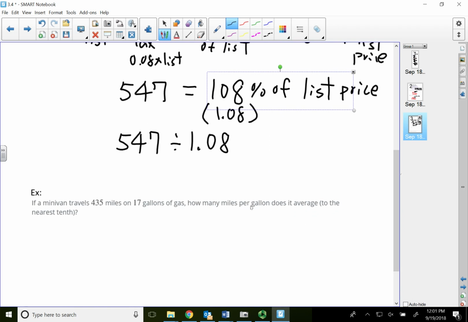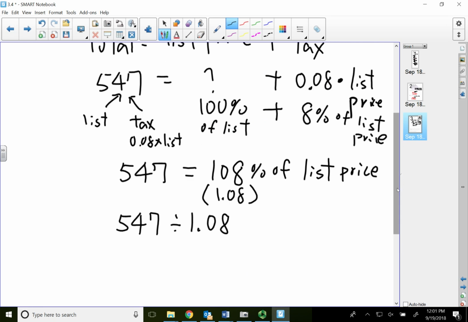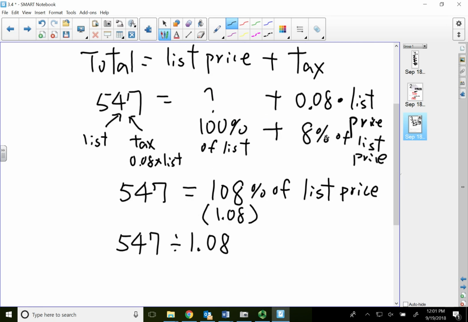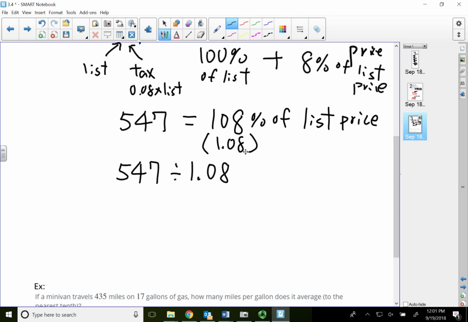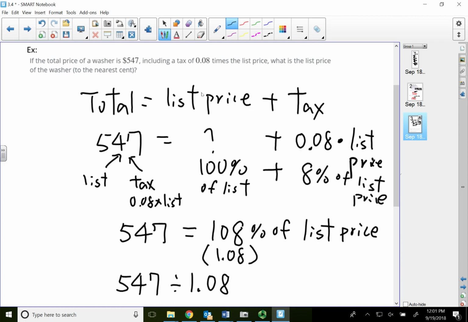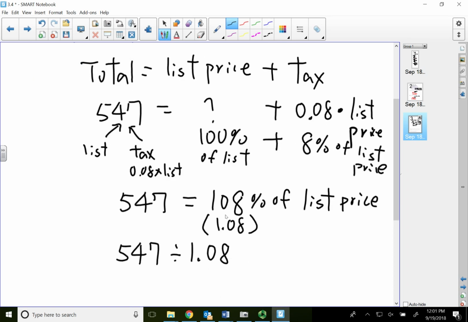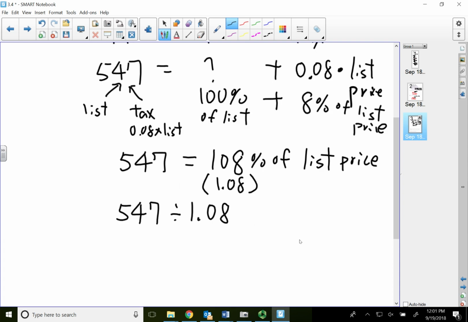It's just that being in module 3, there are percentages we have not done yet, and there is algebra material we have not done yet. So if you can comprehend, you got to pay for the entire 100% of the list price plus another 8% taxes that's based off the list price. So you're basically saying the $547 is 108% of the list price, and 108% is equivalent to 1.08 in decimal notation.